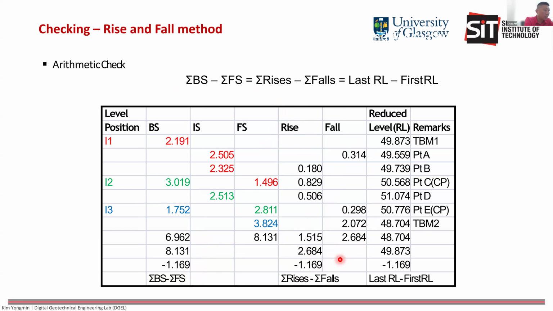Lastly, you use your last reduced level, which is 48.704, minus your first reduced level, 49.873. You get the same number. So you compare these three numbers, all should be equal to each other. If it is not, it means your calculation got something wrong. You need to recheck.